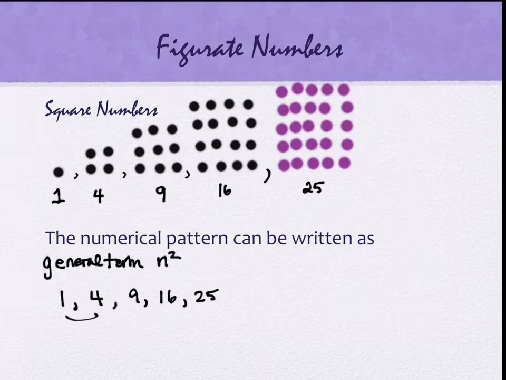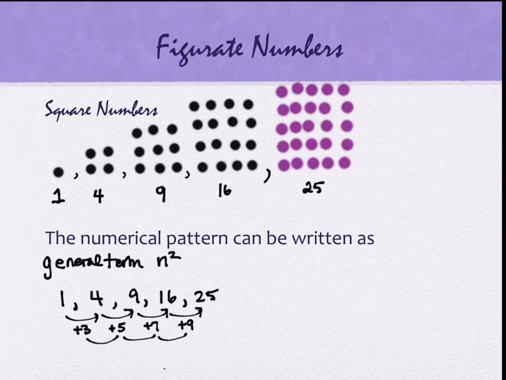How do you get from 1 to 4? With summations, like adding. Plus 3. How do you get from 4 to 9? 5. 9 to 16? 7. And 16 to 25? 9. And of course, when you go between this pattern, what do you see? They're all plus 2, right?